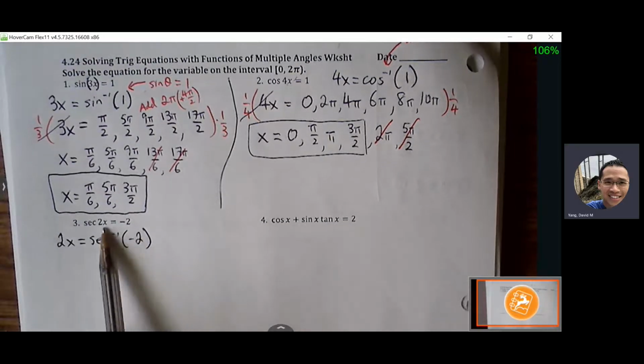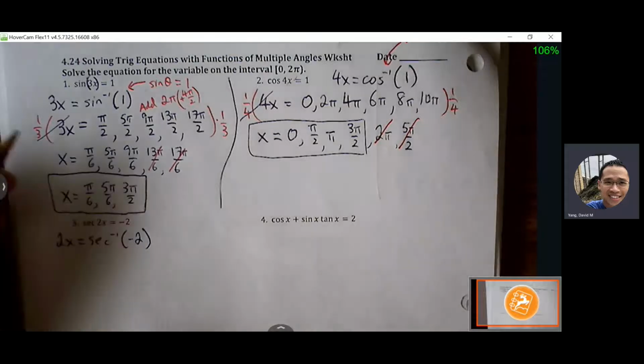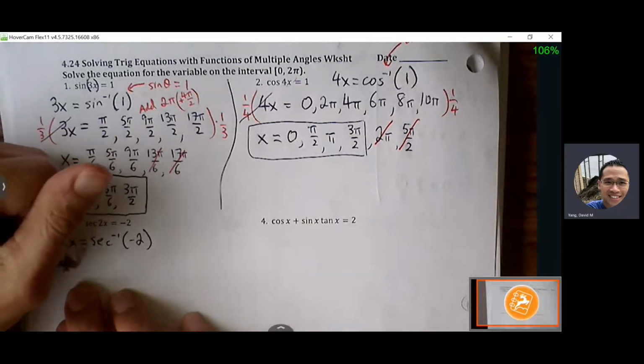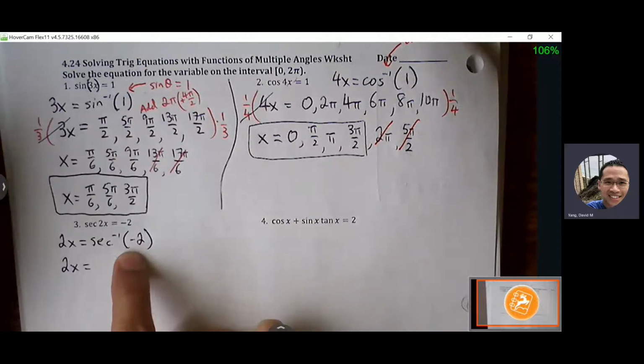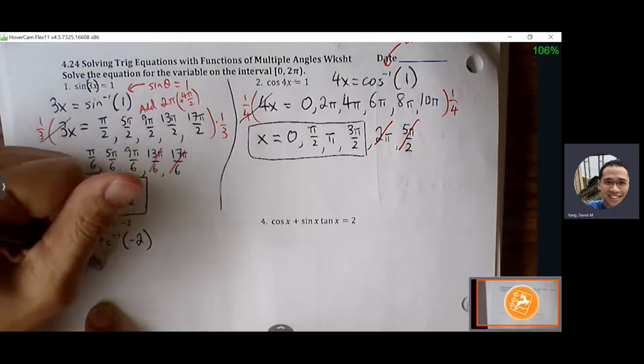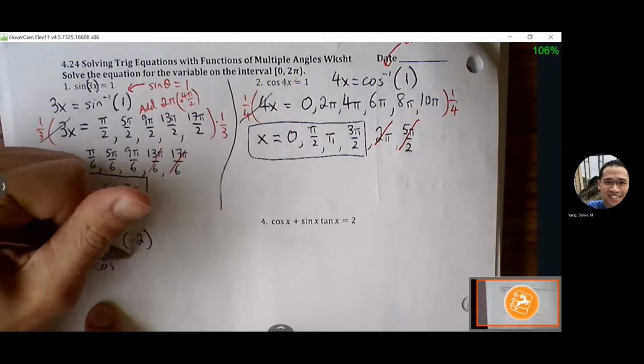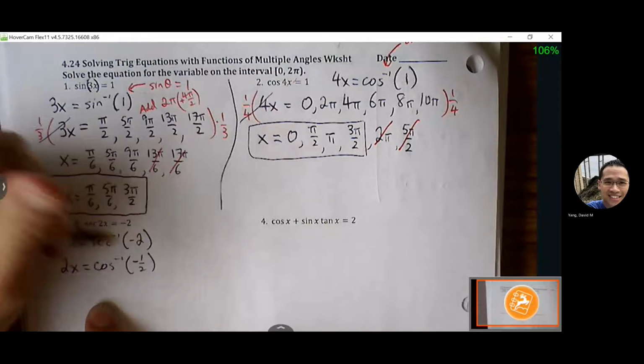Now, secant is the reciprocal of what? Cosine. So maybe we can just write this another way. Inverse secant of -2 is the same thing as saying inverse cosine of -1/2.